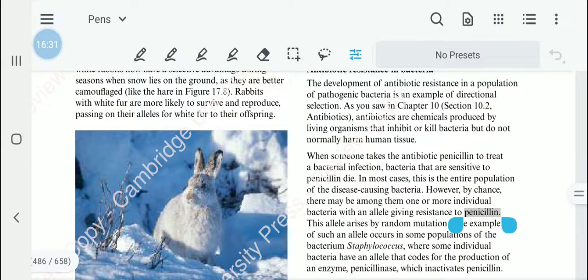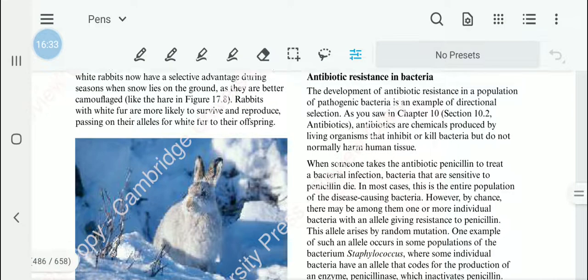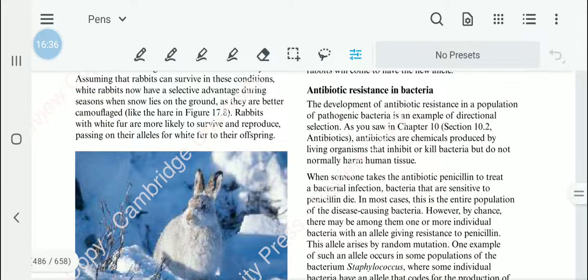Now, for an example for this condition, this is not good for human beings, but we can take this as a natural selection example, that is the antibiotic resistance in bacteria. A lot of people take antibiotics without a doctor's prescription. That is wrong, because when bacteria develop resistance, the entire human population will lose that ability to destroy bacteria using antibiotics.